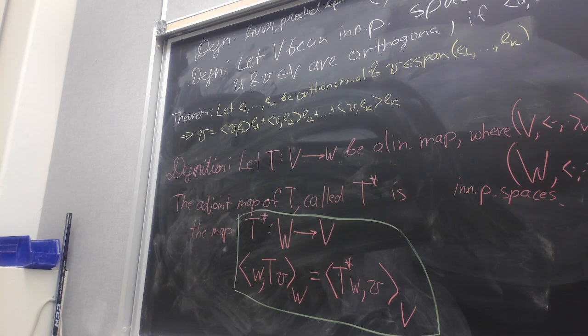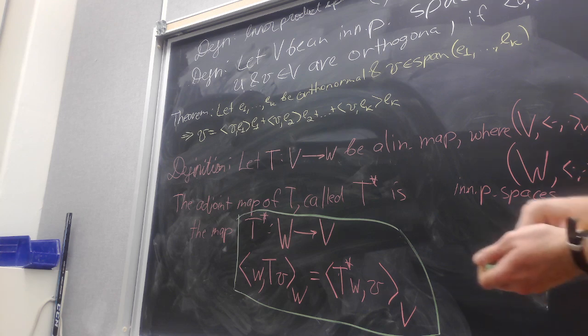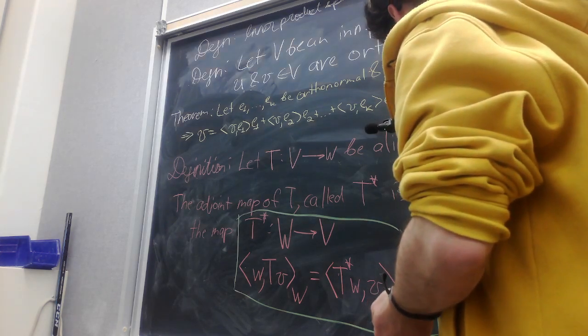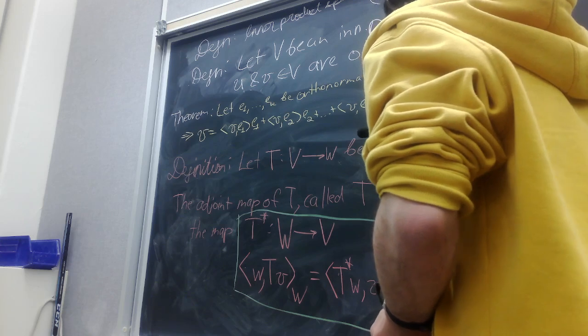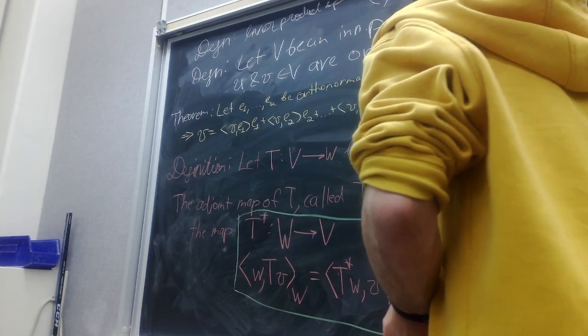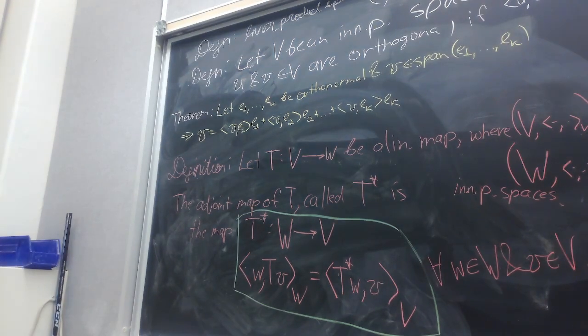And this should be true for all V and all W. So suppose we have a linear map from V to W, and both of these vector spaces are inner product spaces. Maybe I actually shouldn't have started with this. I'm starting with the wrong thing, but that's okay.